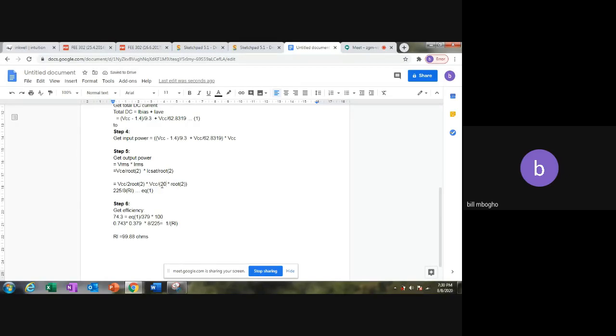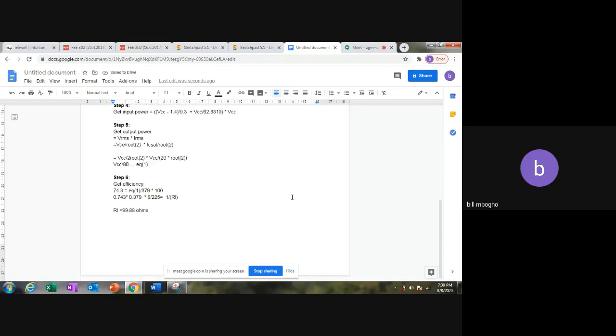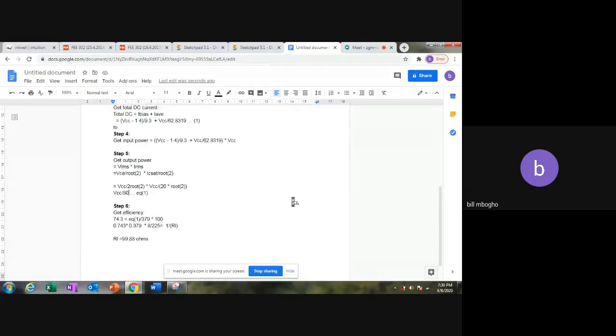So IC sat, which gives us this 2 root 2 times root 2. That gives us 4. 4 times 20, 80. So VCC over 80. Yeah, looks like we're moving on nicely.